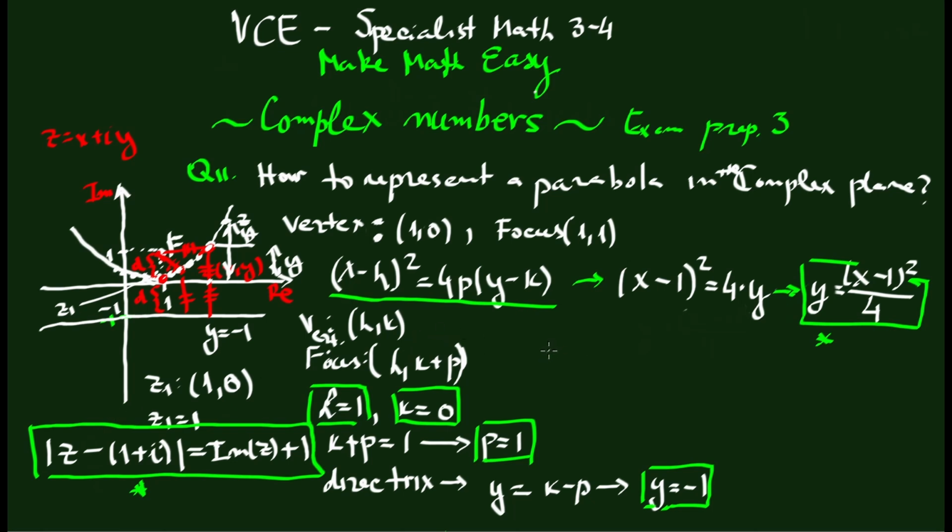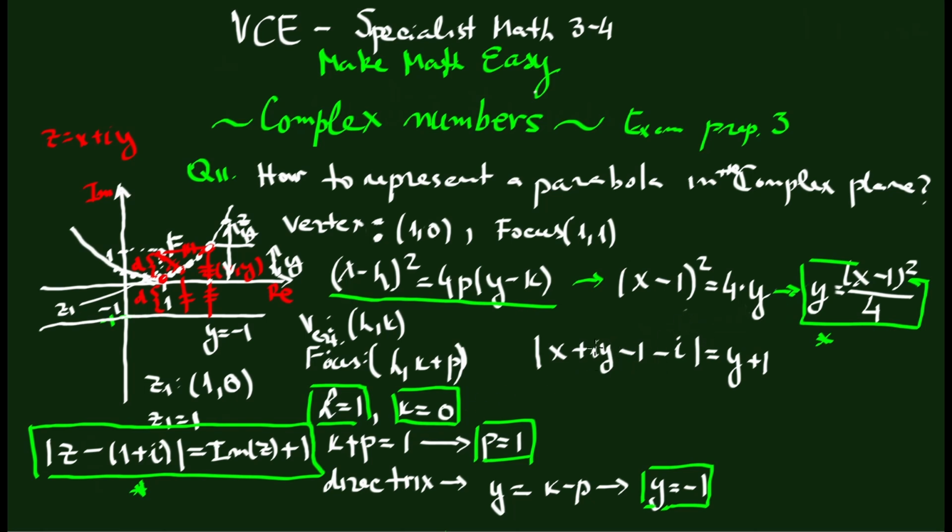Now z is x, so we're taking it from here. X plus iy minus the absolute value of that minus 1 minus i, imaginary of z, imaginary of z is y plus 1.